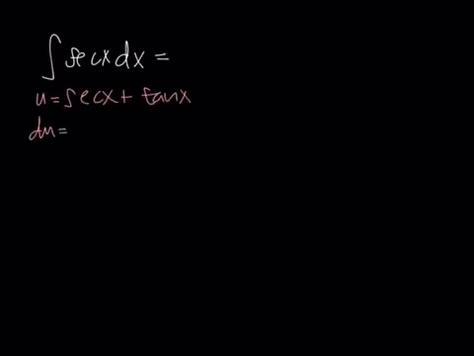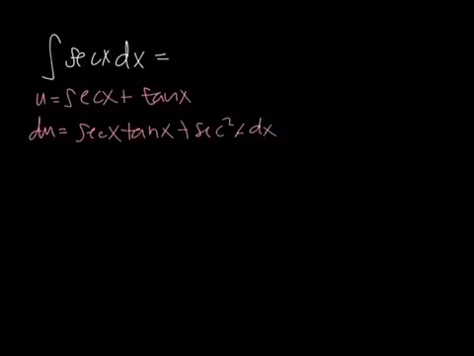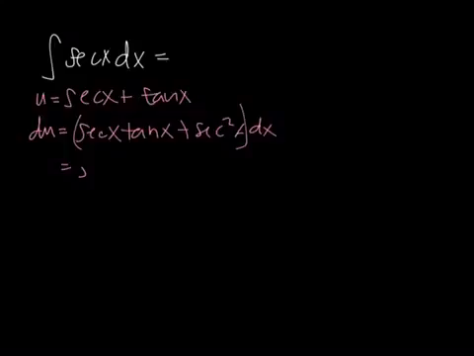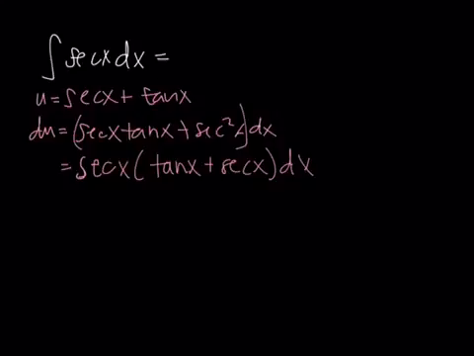So that du is equal to secant of x tangent of x plus secant squared of x dx. So then I'm going to factor out a secant x. Sorry, my pen stopped behaving. Secant of x, which is tangent of x plus secant of x dx. And then that becomes secant of x u, because that was the beginning, dx.